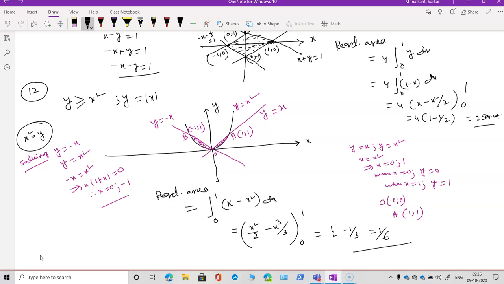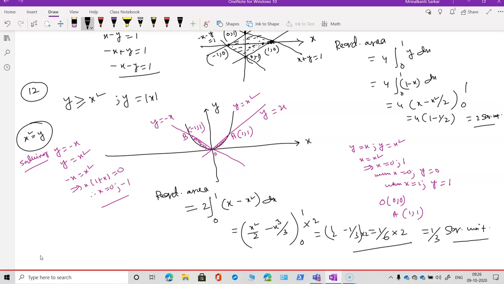The result you need to multiply by 2 because the area is there in both quadrants, first as well as second. So the answer is going to be 1 by 3 square unit, in this manner.